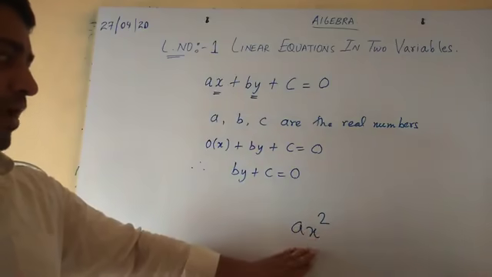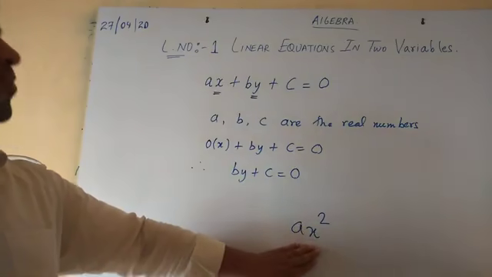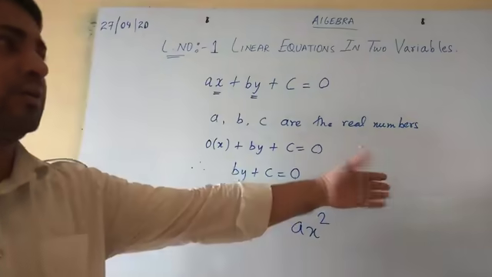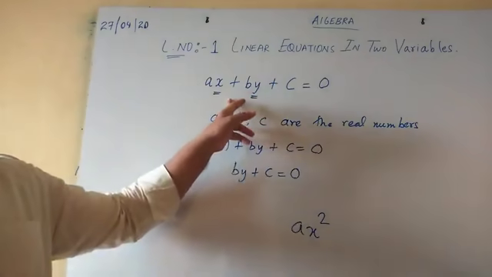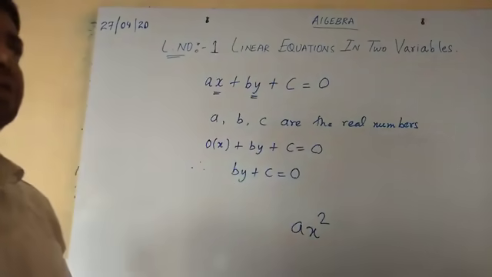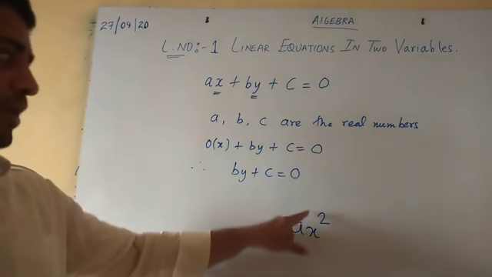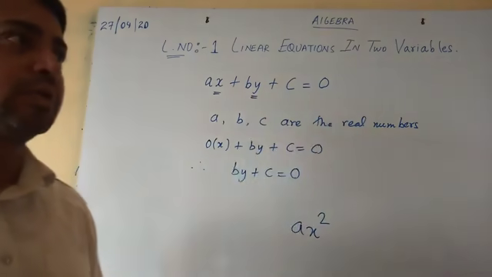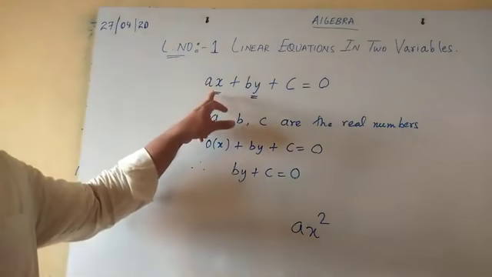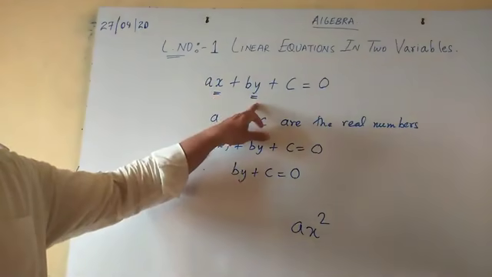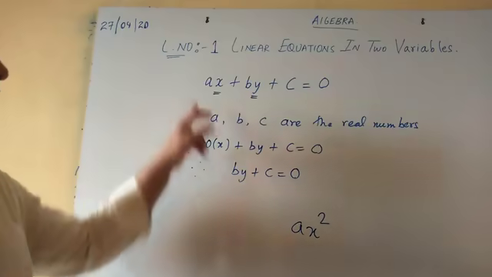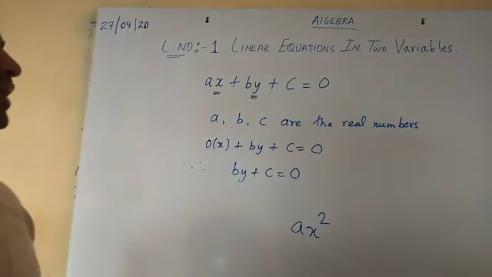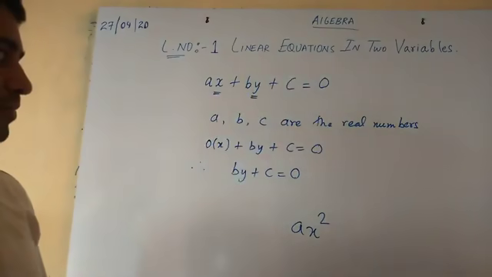If ax square or by square or cube is present, this equation won't be a linear equation in two variables. If square is present, it will become a quadratic equation. That's why, as variables x and y both have degree 1, this equation is called a linear equation in two variables.